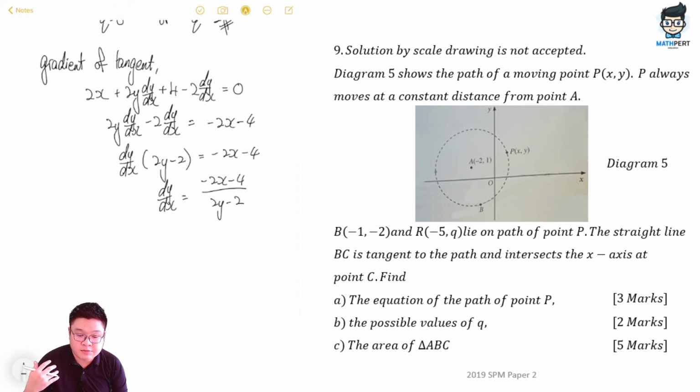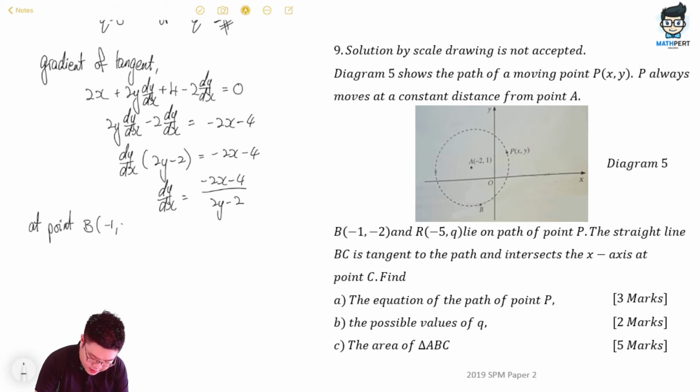So now we can substitute the coordinate of B into this dy/dx. That means the gradient of the tangent at point B. B is negative 1 and negative 2. So my dy/dx is equal to minus 2 times x, which is minus 1, minus 4, over 2 times minus 2, minus 2.